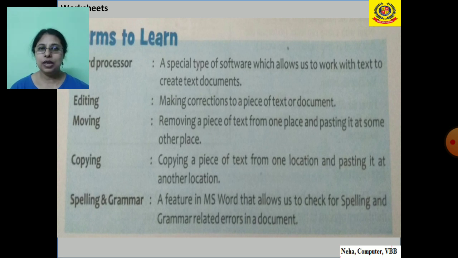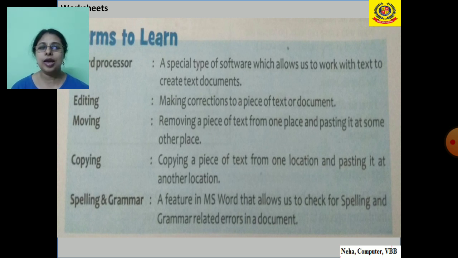Next is copying, that is copying a piece of text from one location and pasting it at another location. So in copying, we don't remove the text from the original place, it remains at the original place as well as we place it at the other place also. And what function we use?